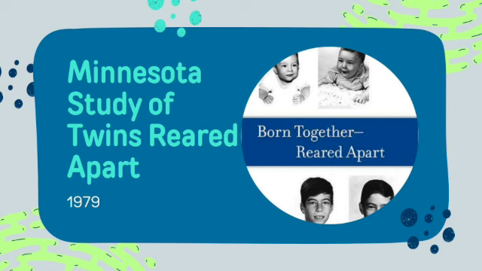And moving on to something, in my opinion, somewhat more recent, in 1979 there was a paper produced by researchers at the University of Minnesota in Minneapolis called Sources of Human Psychological Differences, the Minnesota Study of Twins Reared Apart.